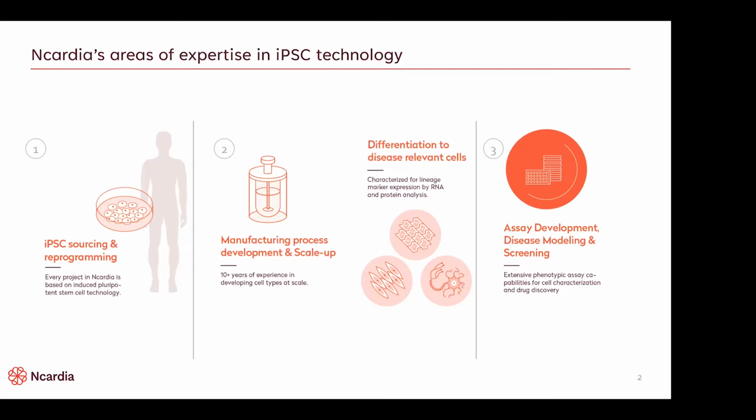We have well-established manufacturing processes, and we're also not new to creating new processes depending on what our customer needs. These manufactured cells are then differentiated to the disease-relevant cells and characterized for lineage marker expression by RNA and protein analysis. And lastly, the cells are used to develop custom assays, depending on what the customer needs, to create disease models and to do specific screenings.